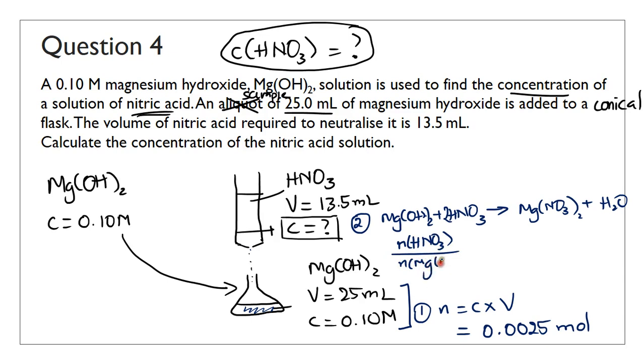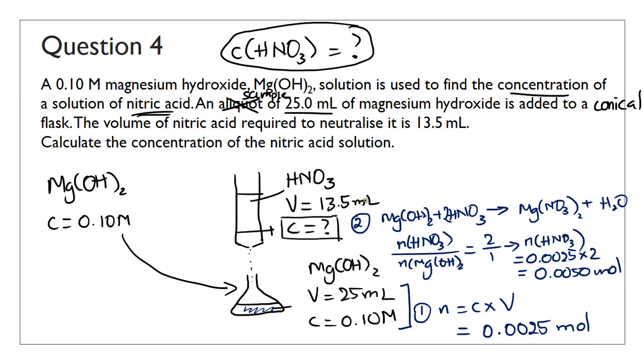So Mg(OH)2, this is a 2-to-1 mole ratio, which means that the number of mole of HNO3 is going to be double the number of mole of magnesium hydroxide. So 0.0025 times 2, which is 0.0050 mole. So this is how many mole of nitric acid you actually have in the 13.5 ml titre.